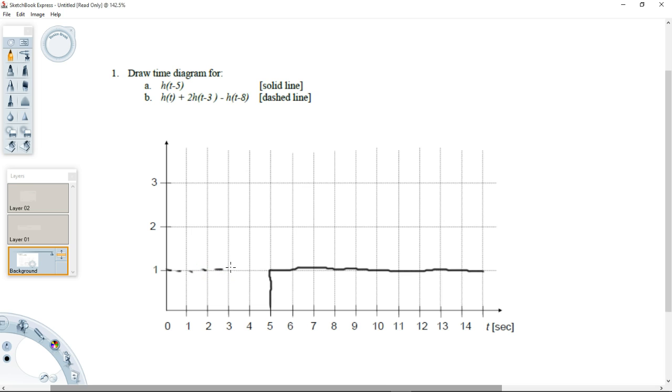At t minus 3, you'd step up 2 from where you're at, not just go to 2. So it's all relative, from the position that you currently were. And then you continue on to where it says 8. And then because of the negative sign right here, -1, you would go down 1 from where you're at and continue the rest of the way.